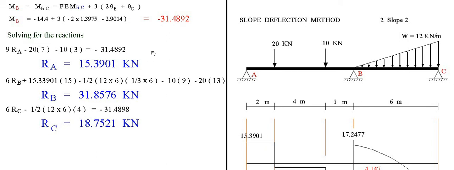Then equate to the moment at B, 31.4892. Then one unknown, RC, is equal to 18.7521.